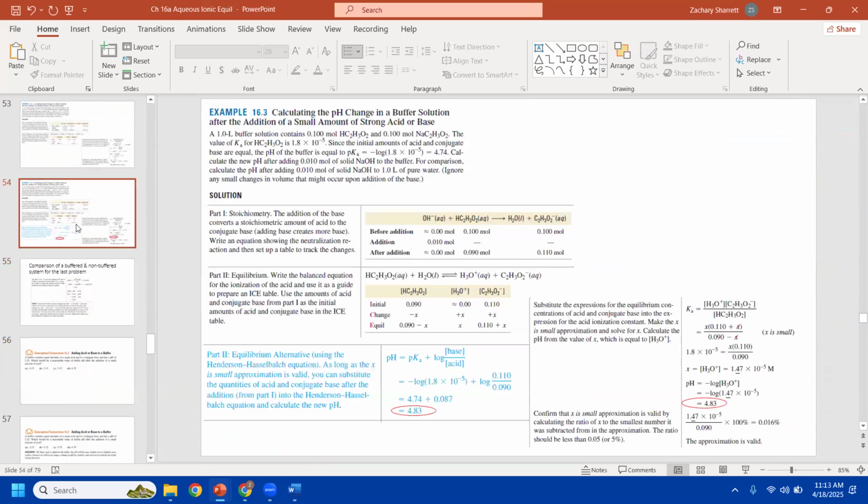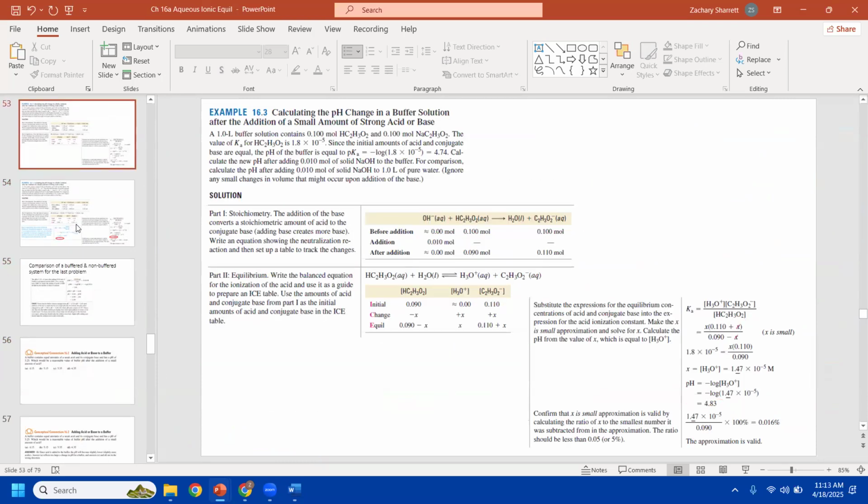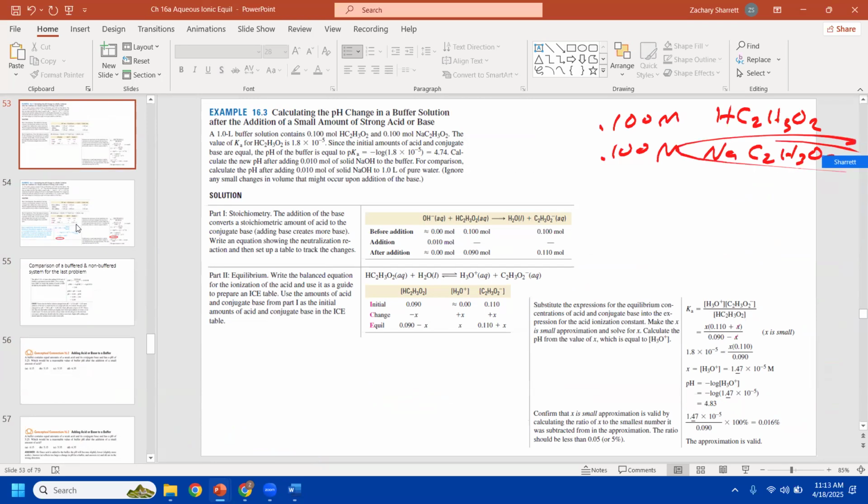Okay, so here's the problem. We have 0.1 molar acetic acid, and we add 0.1 molar NaC2H3O2. What can we think of NaC2H3O2 as? If you keep the Na, it might confuse you.